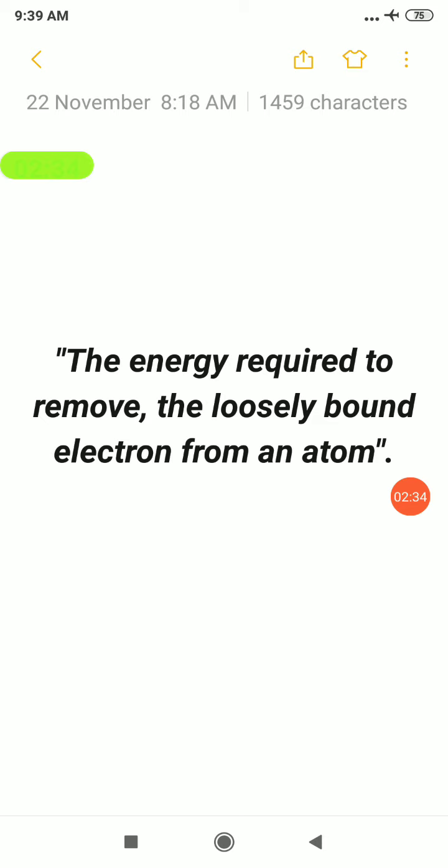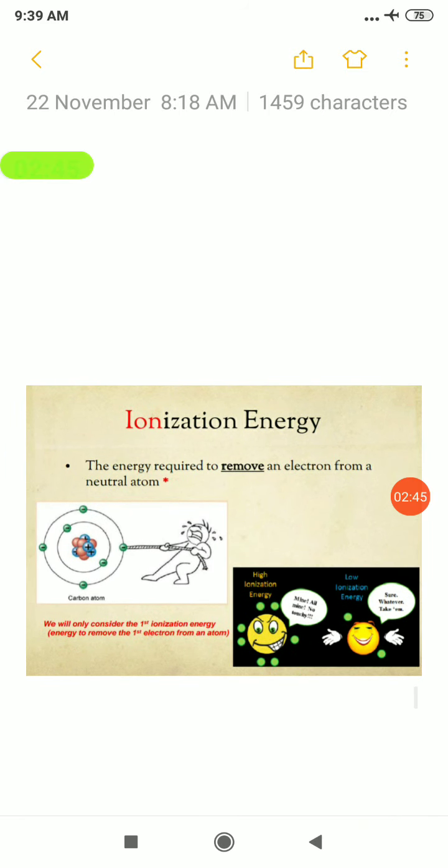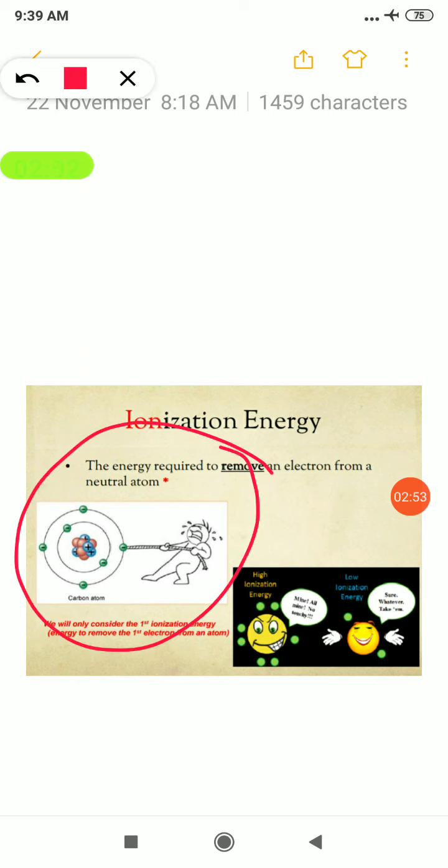What is ionization enthalpy? The energy required for the removal of the most loosely bound electron from an atom. That is ionization enthalpy. And this is the picture showing ionization enthalpy. Here there is a cartoon given. A man is pulling an electron from a neutral atom.